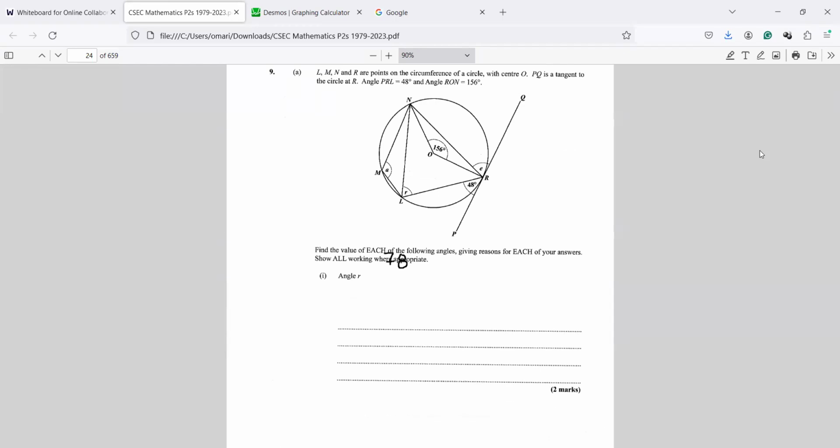Now, angle E is near our tangent. In fact, it is formed between our tangent and our chord, which is NR, right?